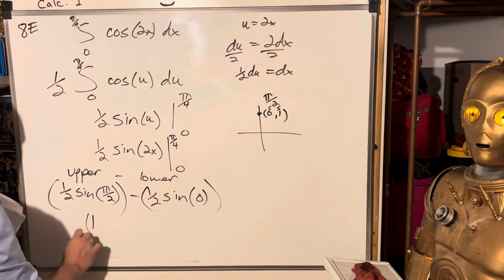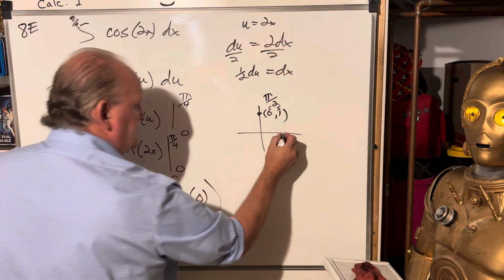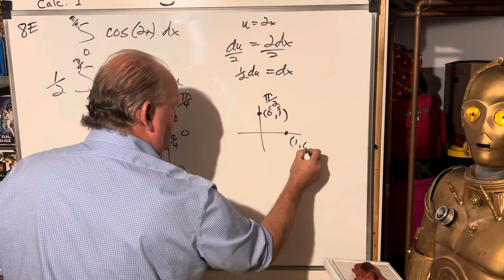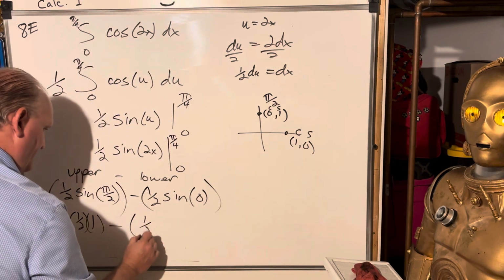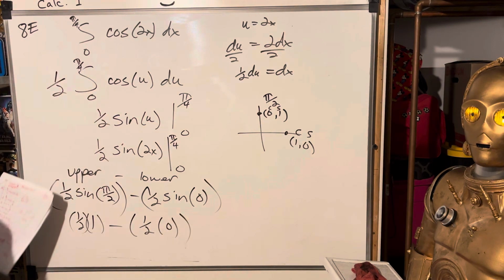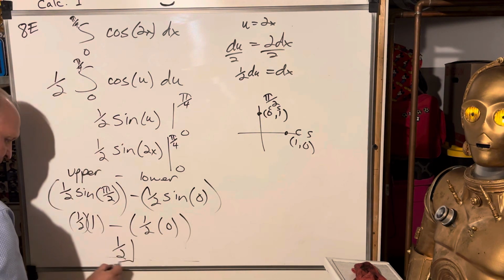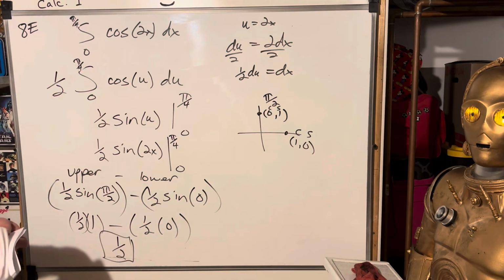So that's 1 times 1/2 minus the sine of 0, which is 0. So it's just 1/2. That is our integral.